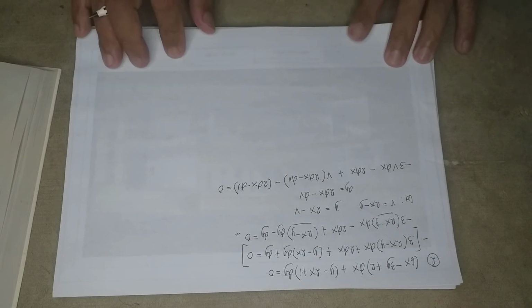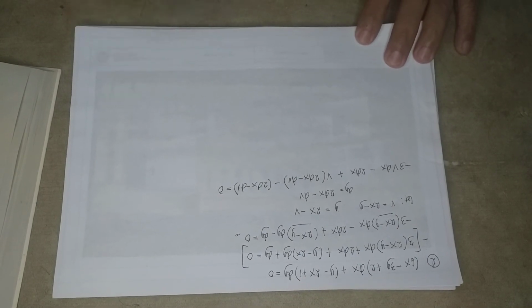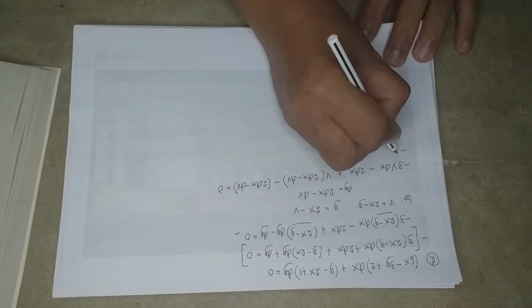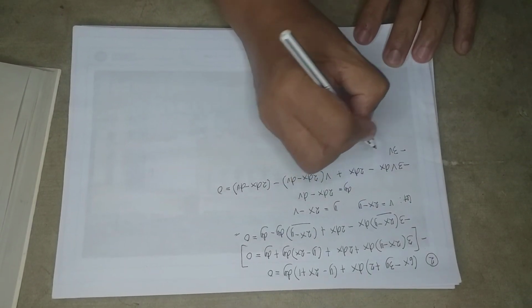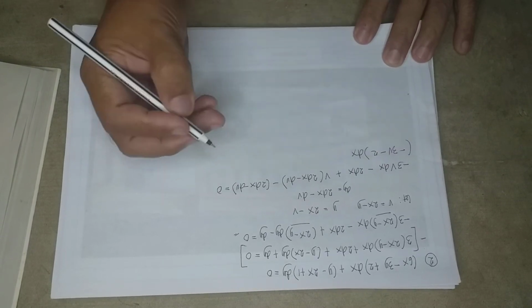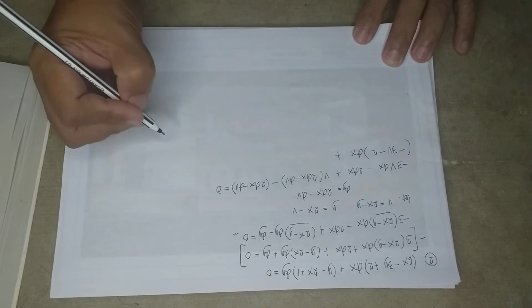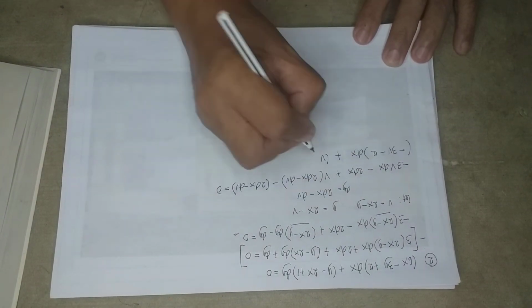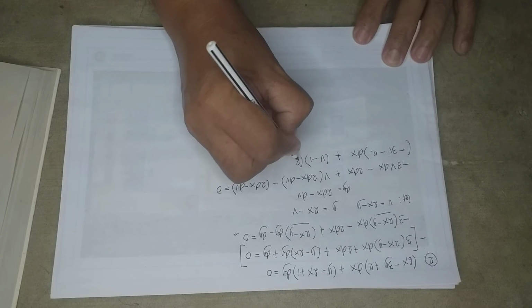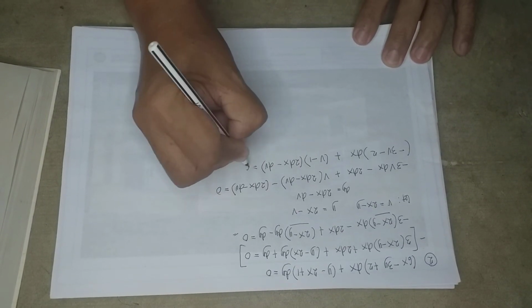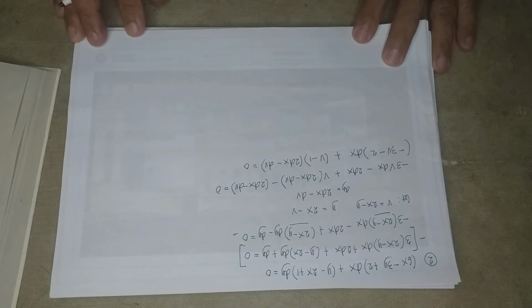So, we have negative 3v minus 2 dx plus v minus 1 times 2 dx minus dv is equal to 0.